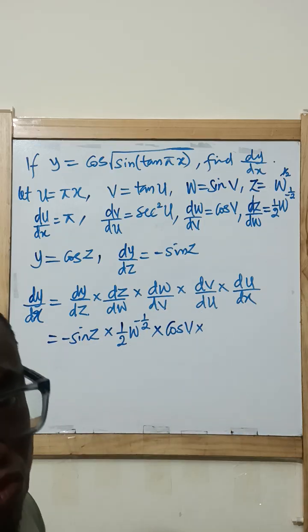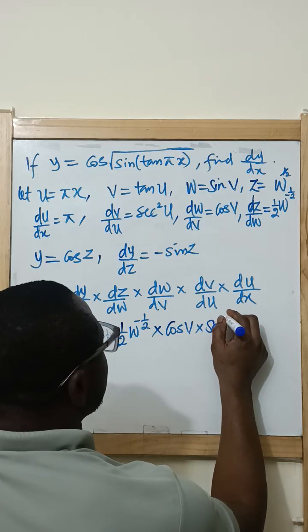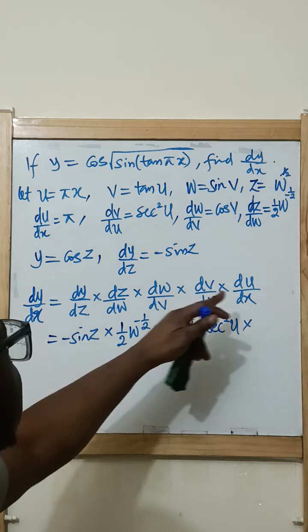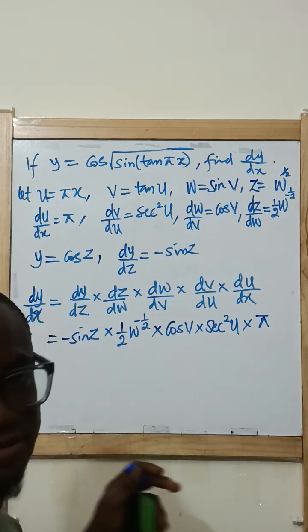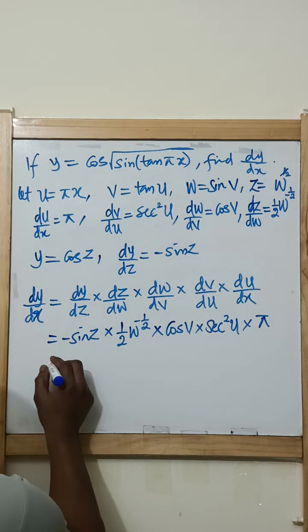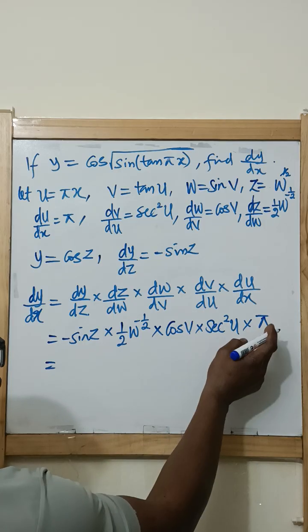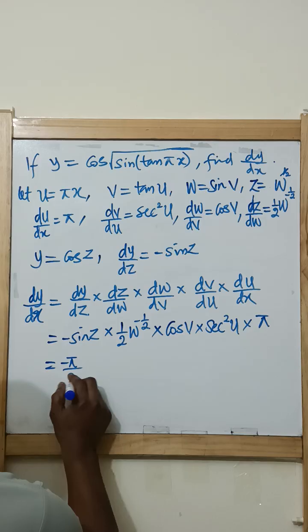Then dv/du is sec squared u. Then du/dx is pi. So we multiply out. The minus, the half and the pi we bring out: minus pi all over 2.